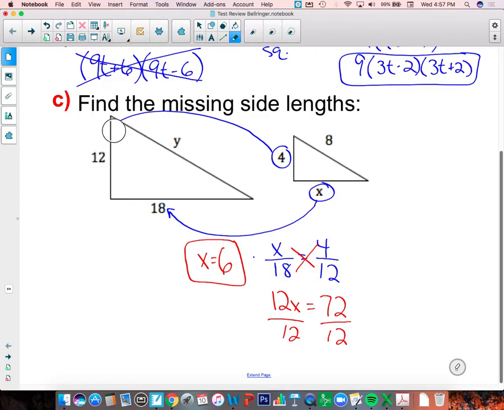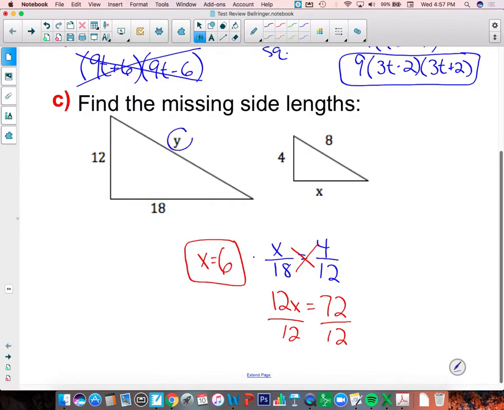So we need to find y. We got x done already, let's find y. So now we're starting with the bigger triangle first. Y is to 8. So it's y over 8 as 12 is to 4. So 12 over 4. And we can cross multiply.